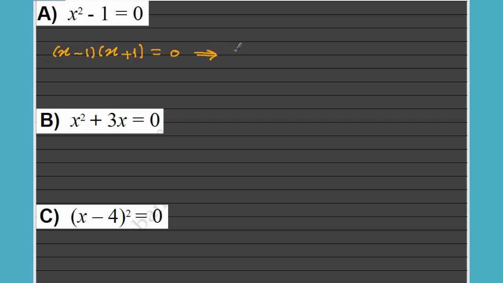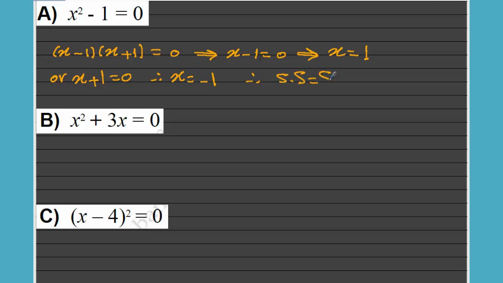So put x minus 1 equals 0, then x equals 1, or x plus 1 equals 0, then x equals negative 1. So solution set equals 1 and negative 1.